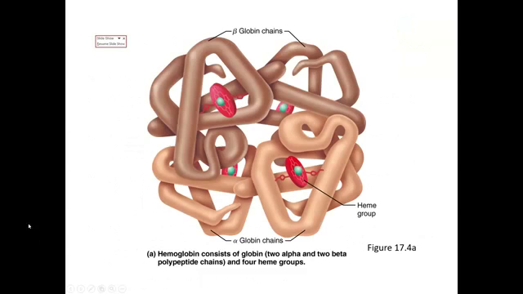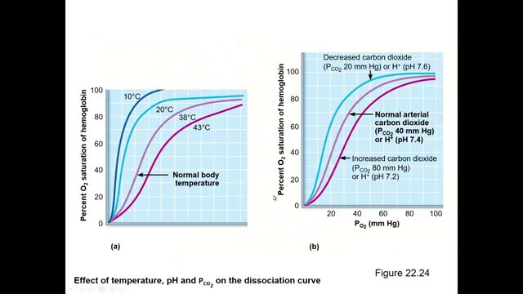So first of all, this is our hemoglobin. These are the heme parts that bind the oxygen. And like I said, we talk about that next week, next topic. So this is that curve I was talking about. Here's our normal curve at body temperature.